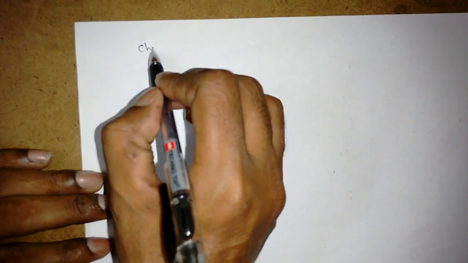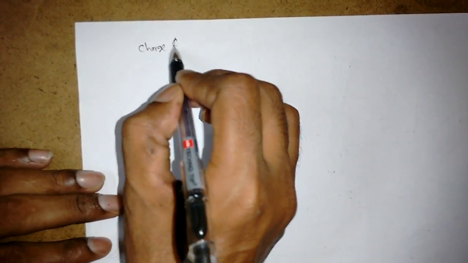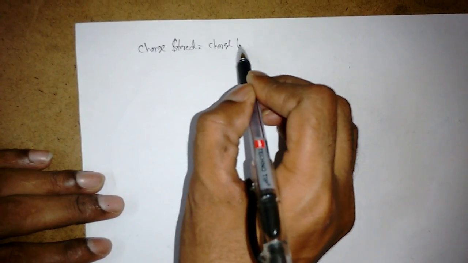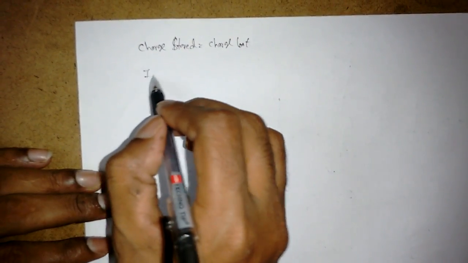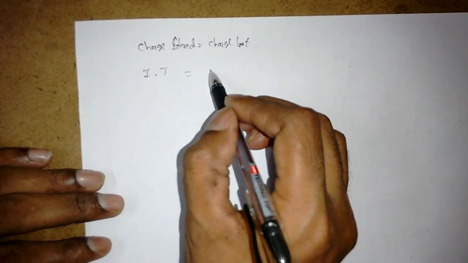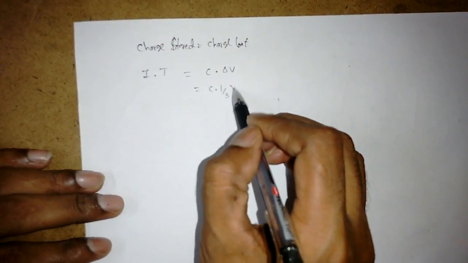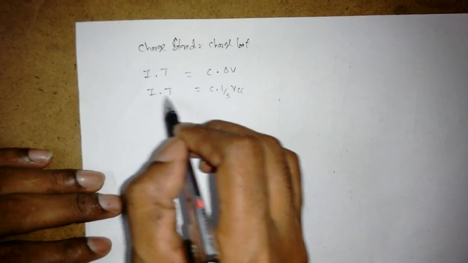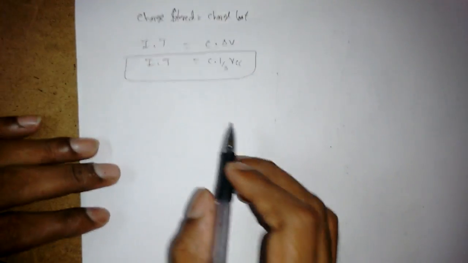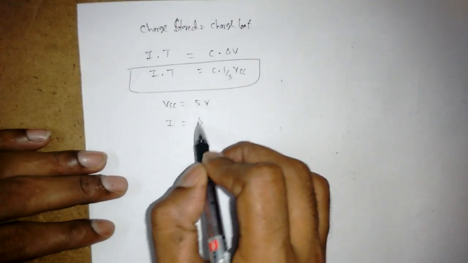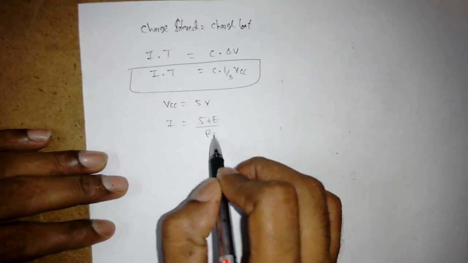So at equilibrium, charge stored is equal to charge lost. Charge stored was I into T, charge lost is C into delta V, where delta V was 1 by third VCC. So this is I into T, right? We assume that VCC is equal to 5 volt and we got I is equal to (5 plus E) by RE.